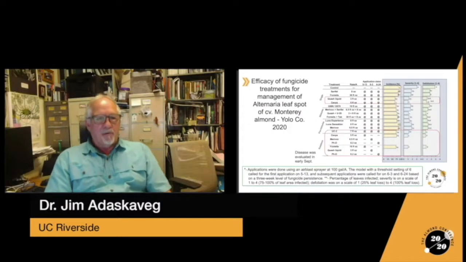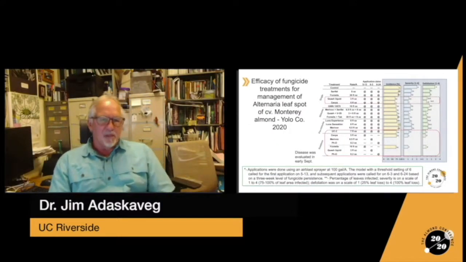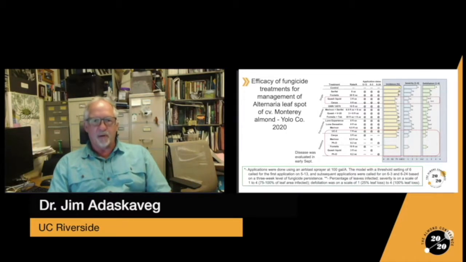For the efficacy of these fungicides in a different year where there's really high disease pressure, here in 2020, just this past year, the first application the model called for was on 5/13, or May 13th, a second application on 6/3, and a third application on 6/24, using the model at the threshold of 6, as I explained earlier.